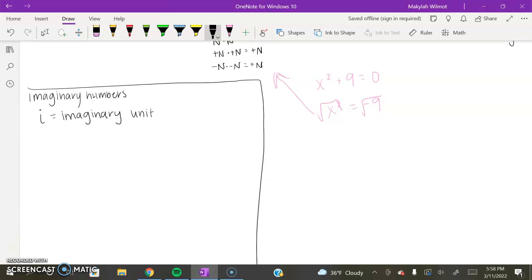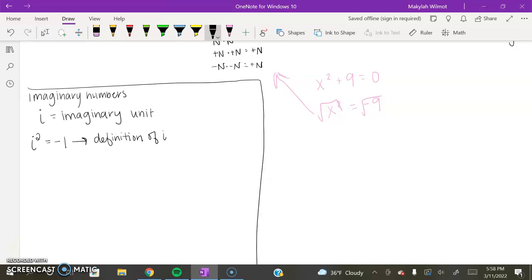Sorry, I have pictures on my phone of my dry erase board that I learned this on. So, okay, i squared equals negative 1, okay? So this is the definition of i if you wanted to give it one.